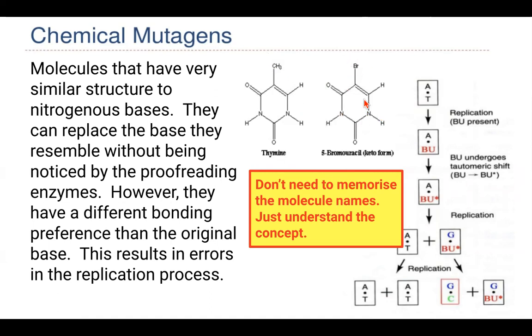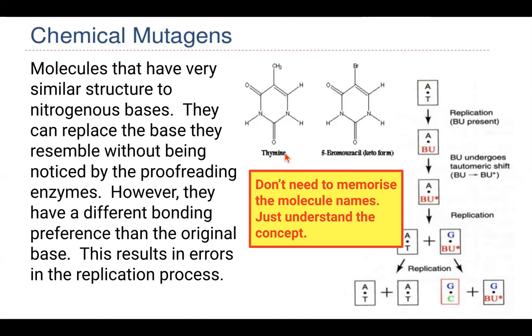Now, when you're doing your DNA replication, your bromouracil can come in and replace your thymines. However, after replacing it, bromouracil actually shows differences in base pairing from the original. Thymine would want to bond with an A, but bromouracil that replaces it wants to bond with a G instead.